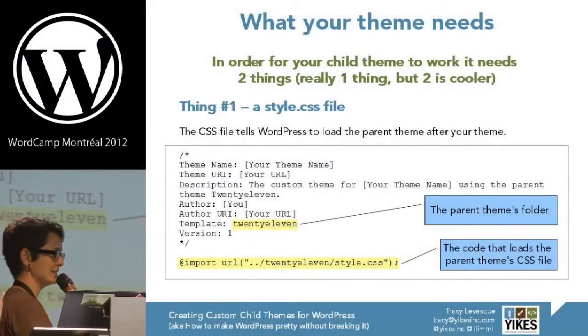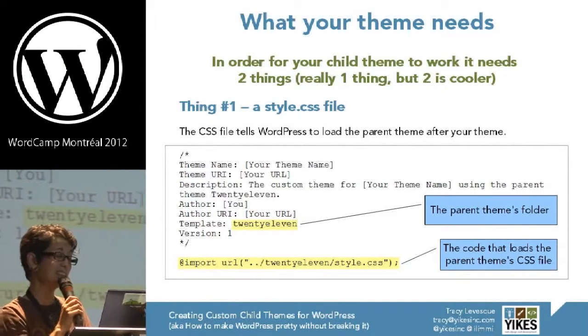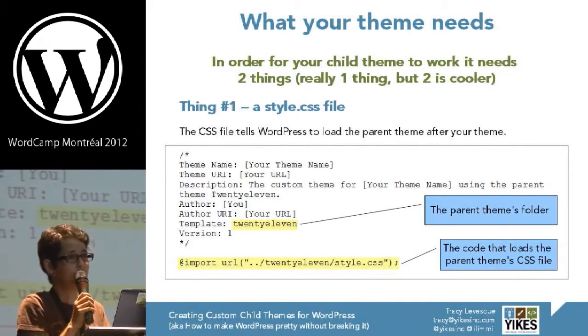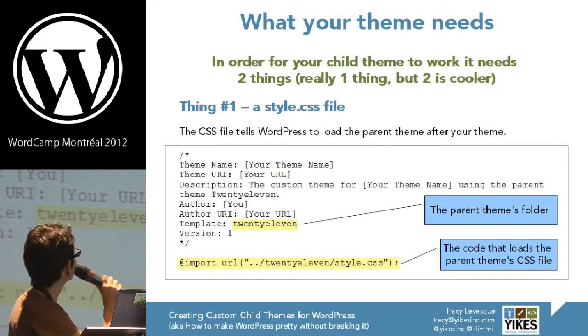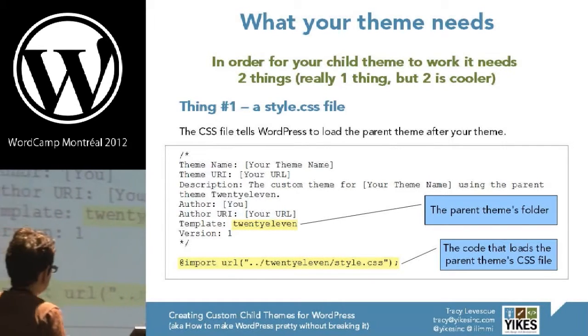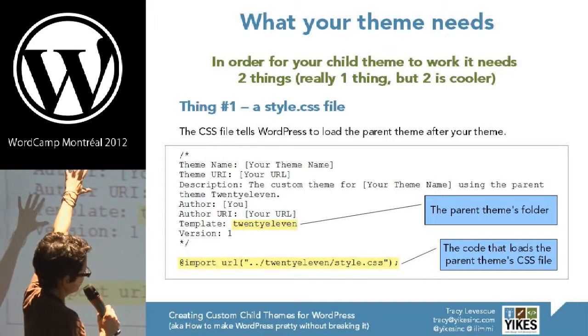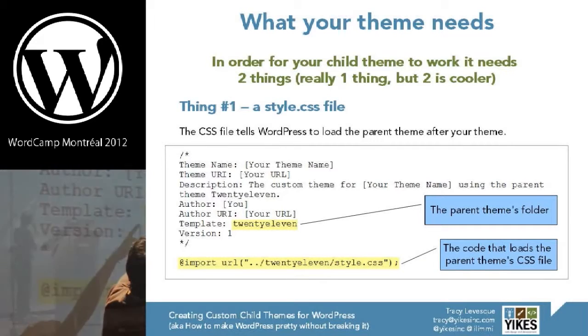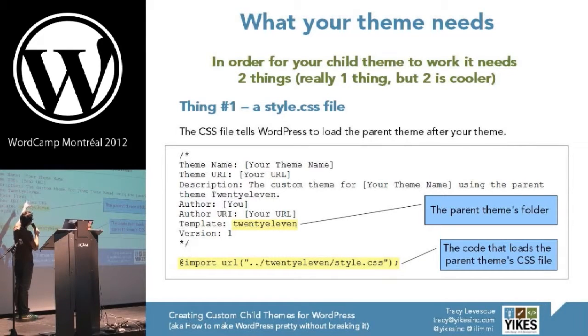So what does your child theme need? It needs only one thing, but two is cooler. But you really only need one. You need a style.css file. And this is the code you need at the top of your style.css file for your child theme to work. So you put in your theme name, the URL, description, author, your URL.